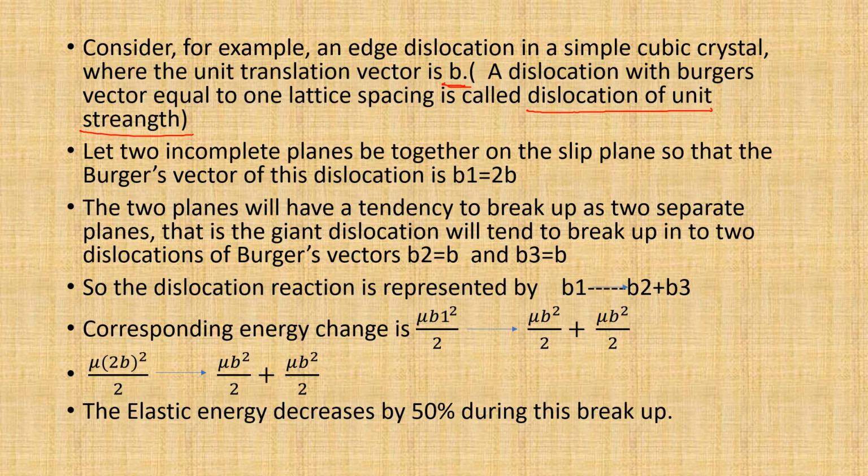Let this dislocation consist of two incomplete planes together on a slip plane, so that the Burger's vector of this dislocation is B1, equal to 2 times the unit translation vector.